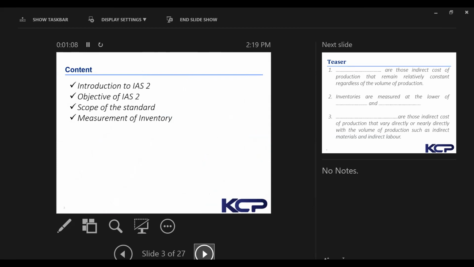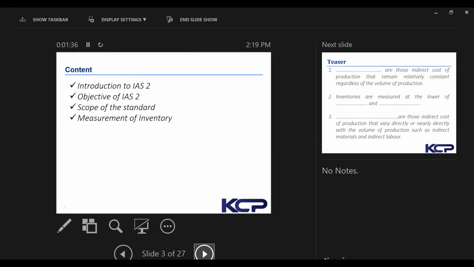We'll be looking at the introduction to the standard, vis-a-vis a brief history of the standard. What is the intention of the standard IAS 2? What is the scope of the standard? What are the measurement criteria for inventories? And we look at how you value inventory, which is embedded in the measurement of inventory.